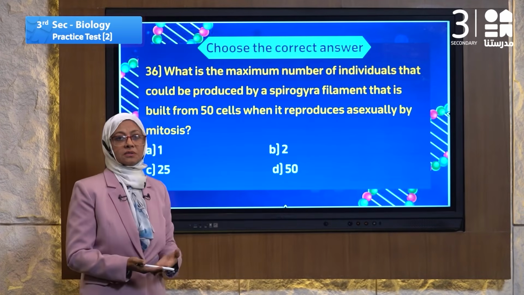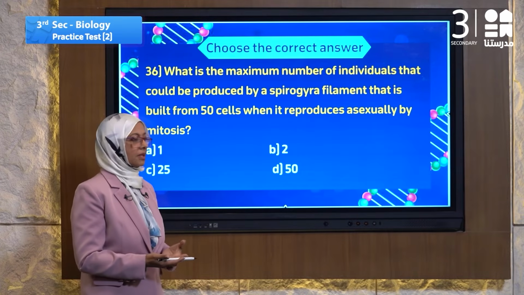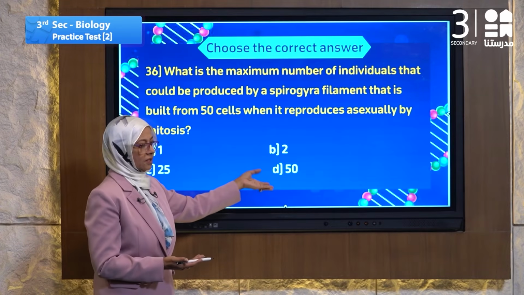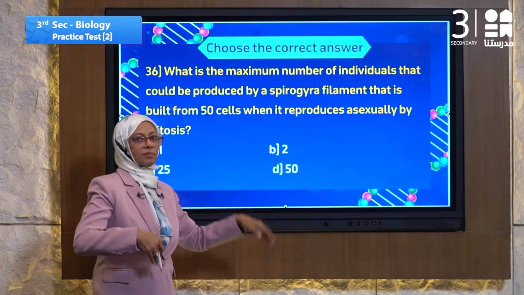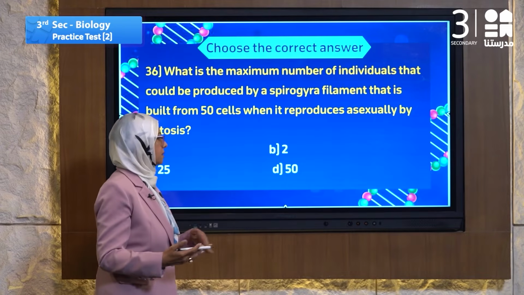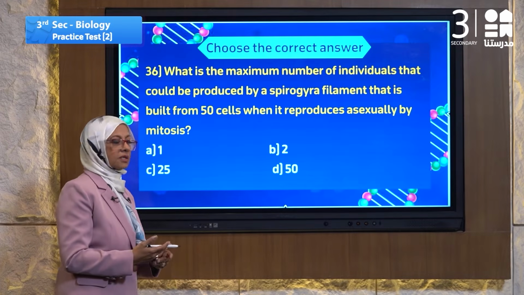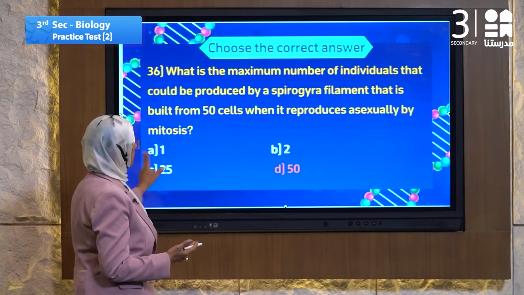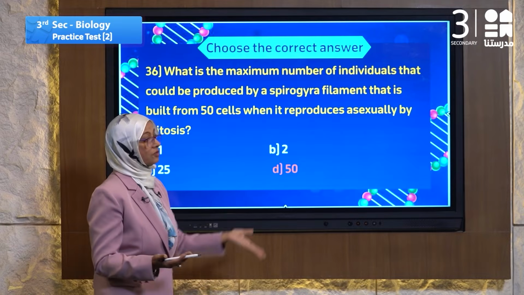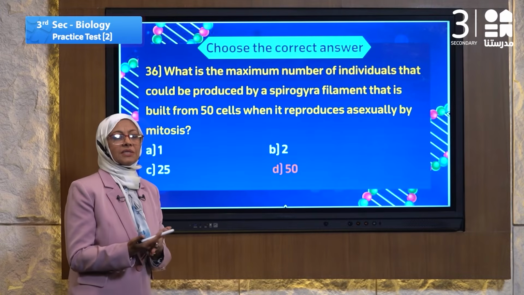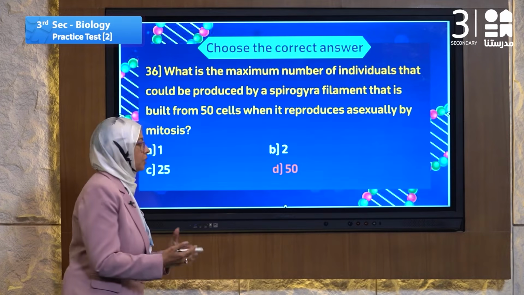Where is the 100? The maximum number here is 50. We will search for 100. There is 100, but there is 50 cells. It will be the right answer. Yes, 50 is not the right answer in itself, but it is the maximum among the choices.